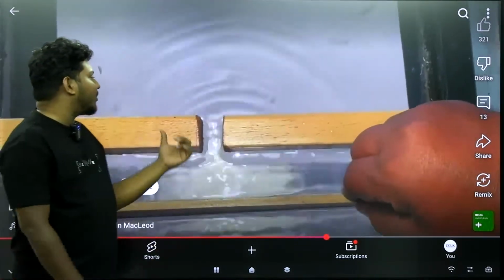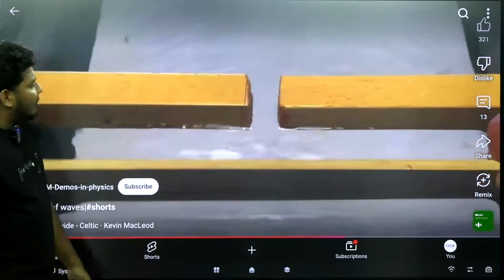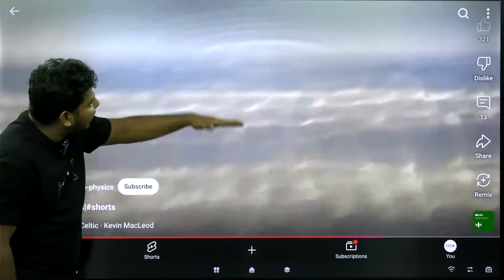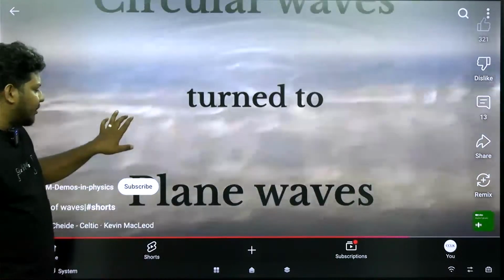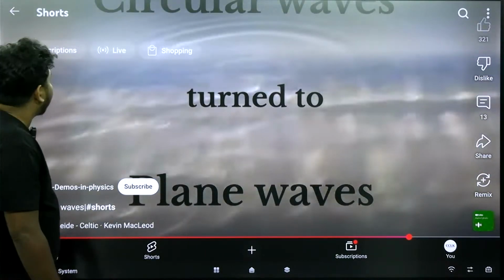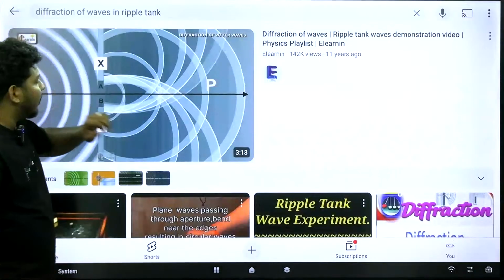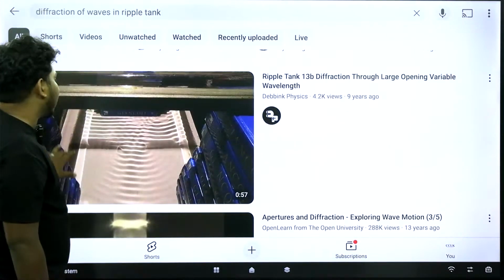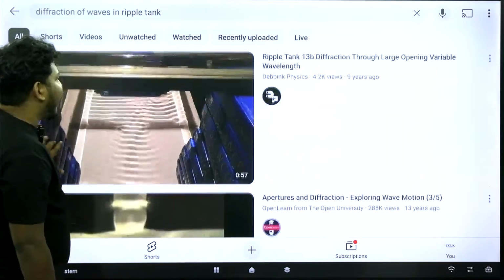Look at how it's making. This is the hole, these are the parallel wavefronts, and this is the vibrator. There are lots of examples for ripple tank diffractions.